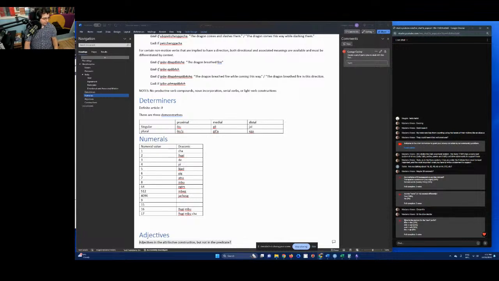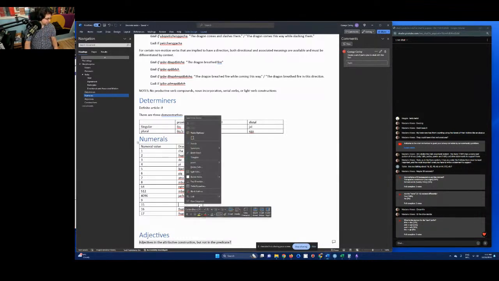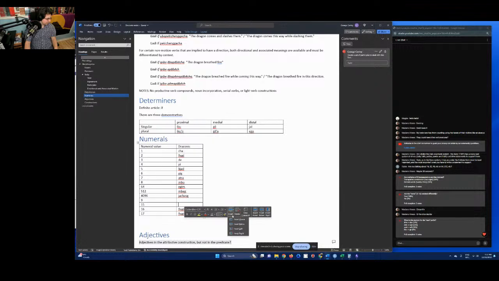And I'm going to reduce. Okay, I'm going to actually make this kind of irregular.